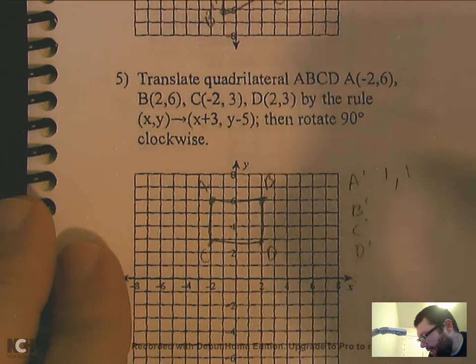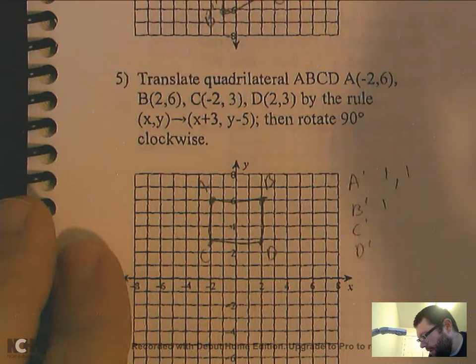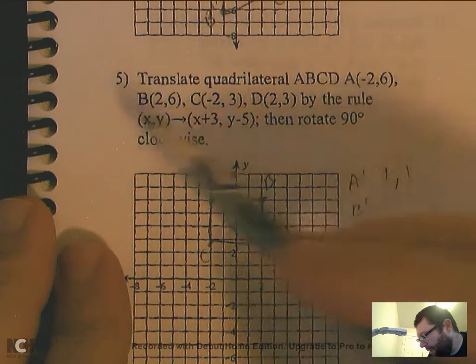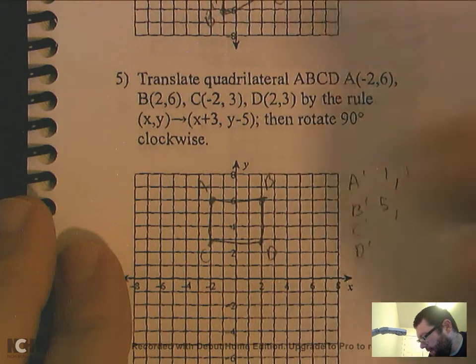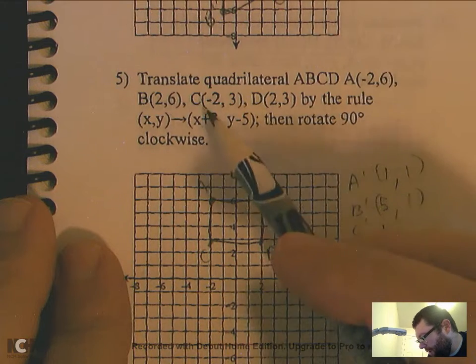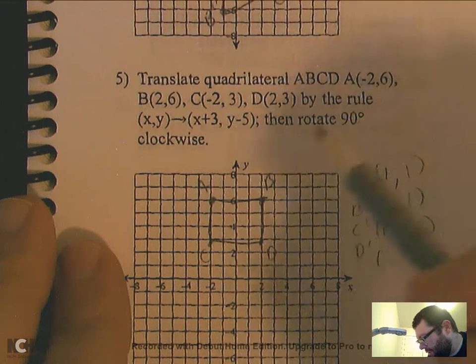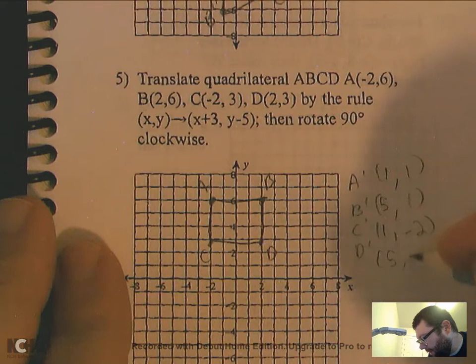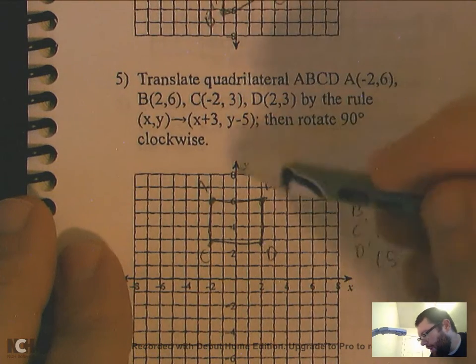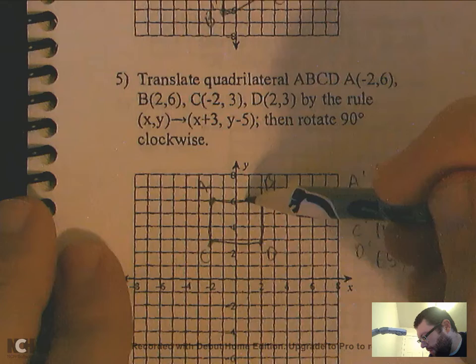And then B, add 3 would be 5. And then subtract 5, it would be 1. Okay, and then C would be 1 and -2. And D would be 5 and -2.